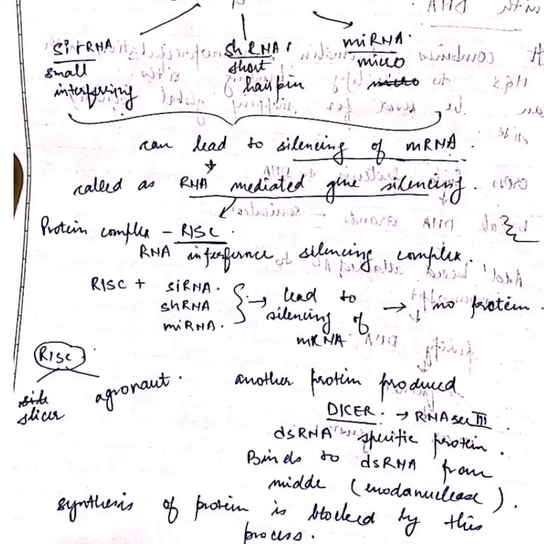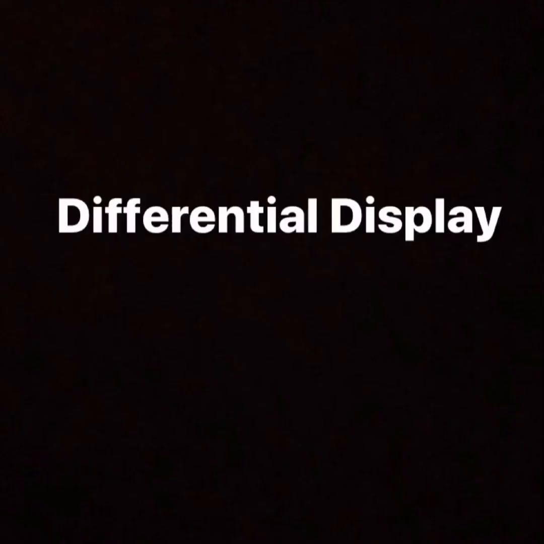Double-stranded RNA specific protein binds to double-stranded RNA from the middle through endonuclease, and the synthesis of protein is blocked. So basically this was a big procedure. I've written it in short words, like a flow chart with a map which can help you recall the entire process. So first go through that video and then through my notes. It will help you in better understanding.